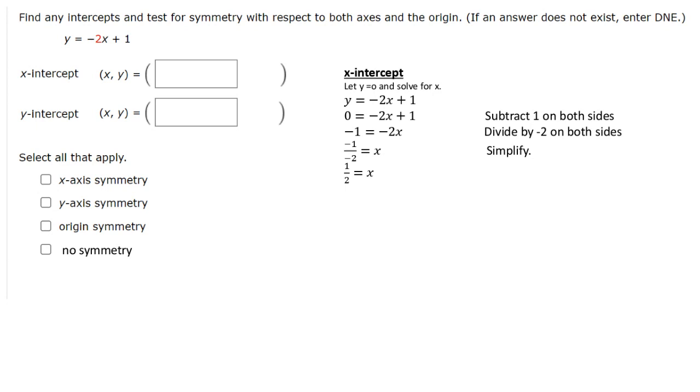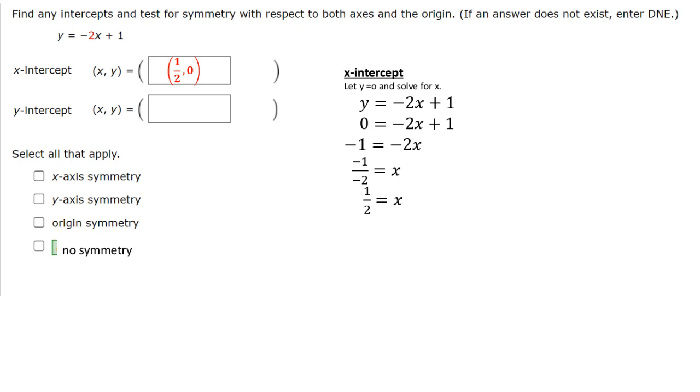When we put this information into the computer, they want us to answer our intercept as a point. So our x value was 1/2 and our y value was 0.